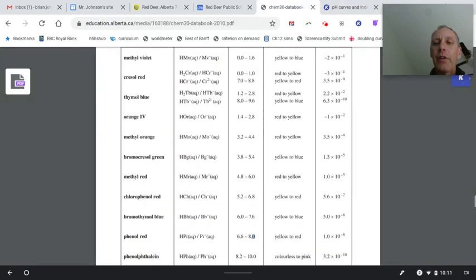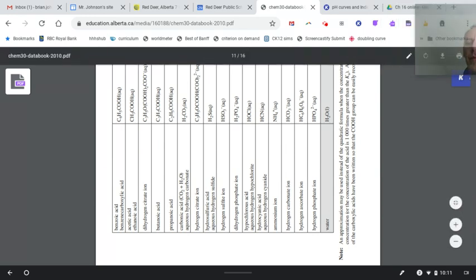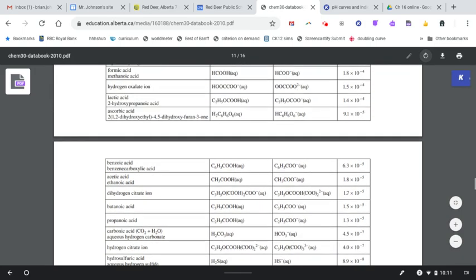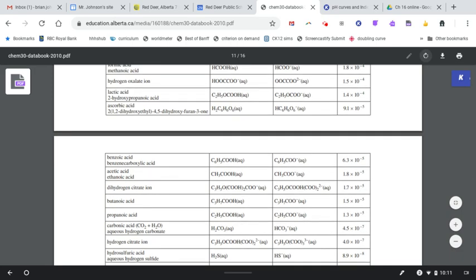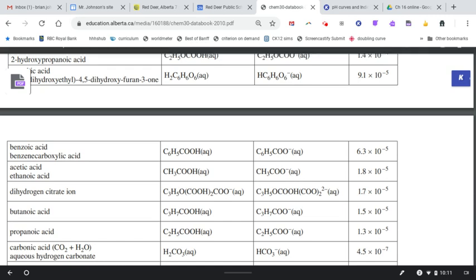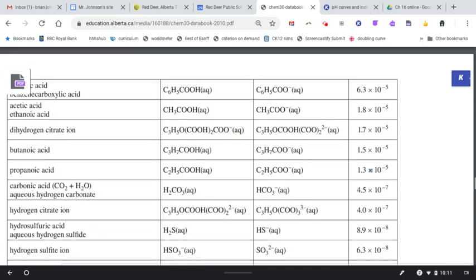So let's go look at our acids. One times 10 to the minus 5. Okay, where is it? Okay, so here's our acids. Zoom in a little bit. There's 6.3 times 10 to the minus 5, 1.7, 1.5, 1.3. So it would sit right below that.